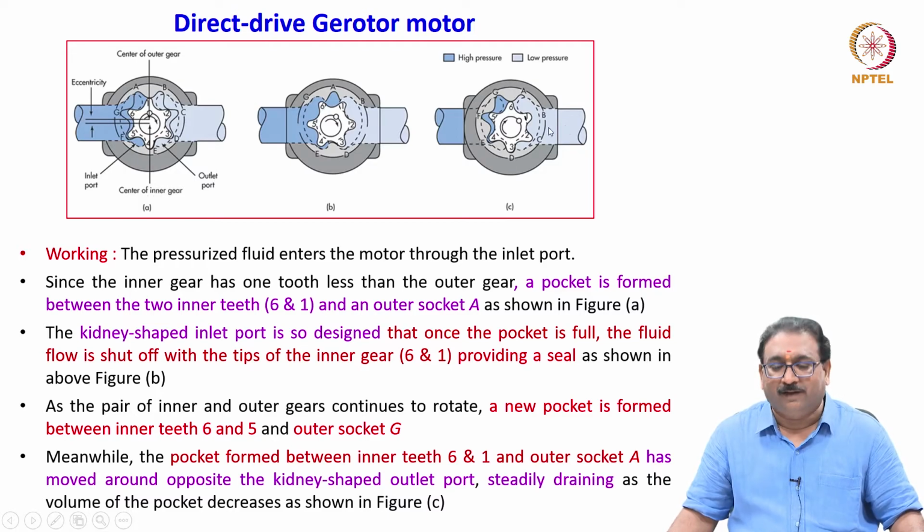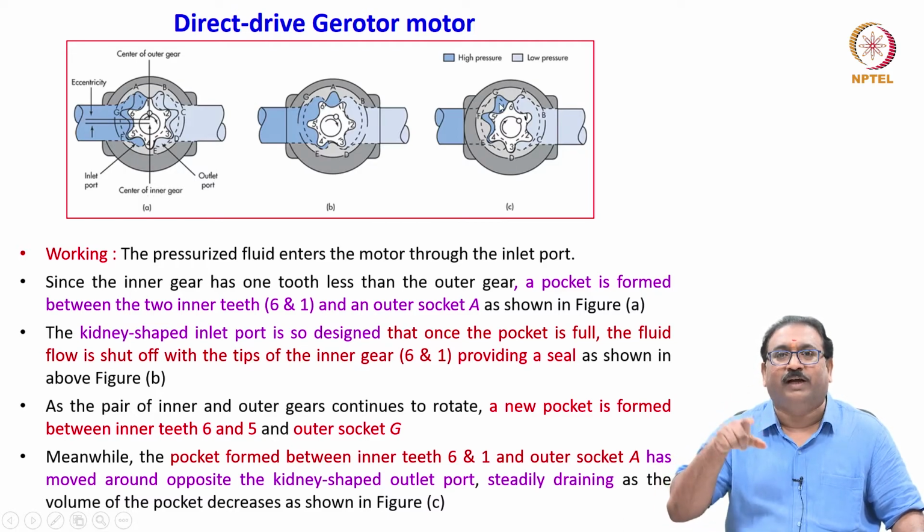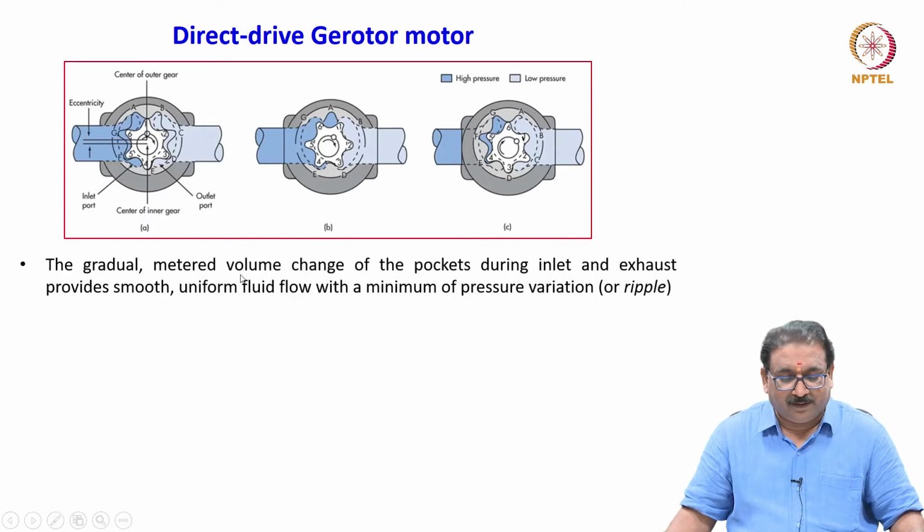During this moment, the pressurized fluid will rotate the shaft. The gradual metered volume change of the pockets during the inlet and exhaust provides a smooth, uniform fluid flow with a minimum pressure variation or ripple.